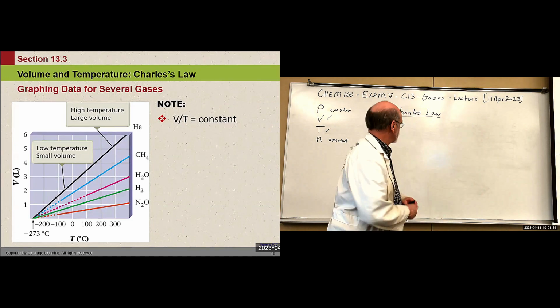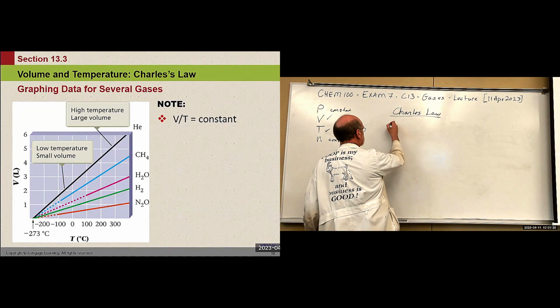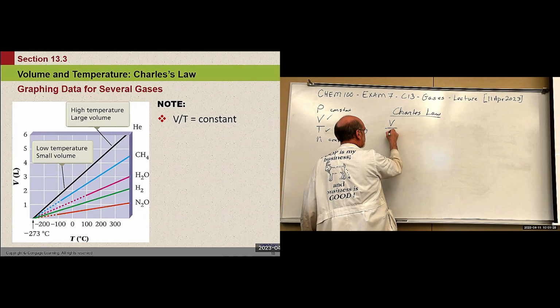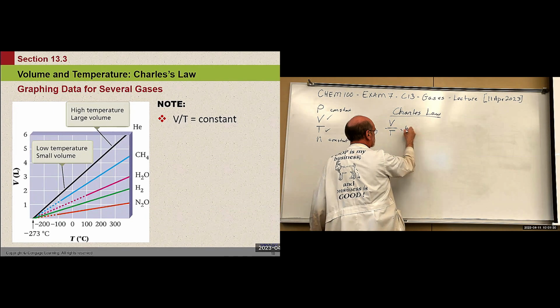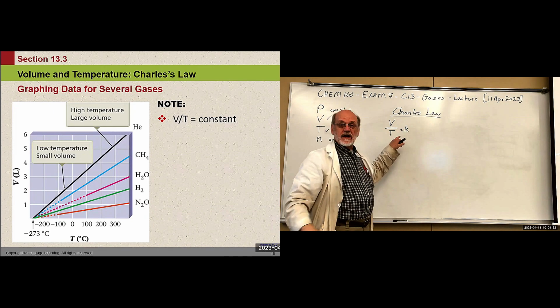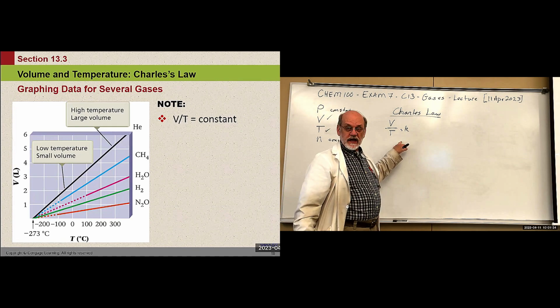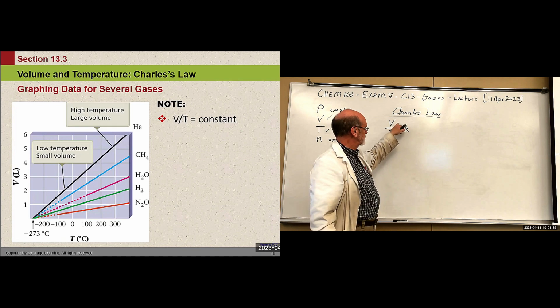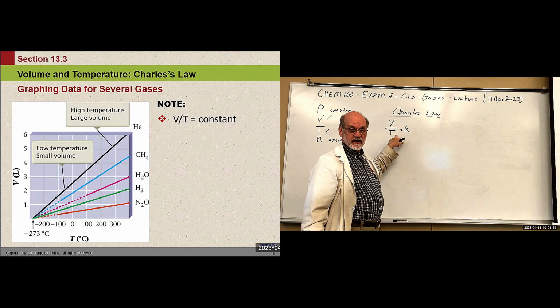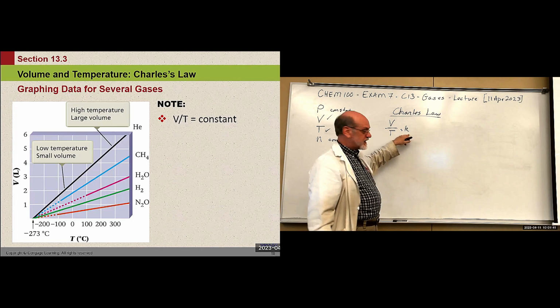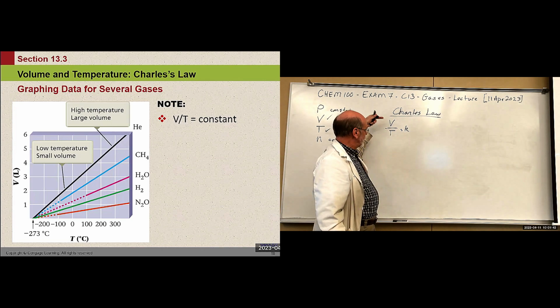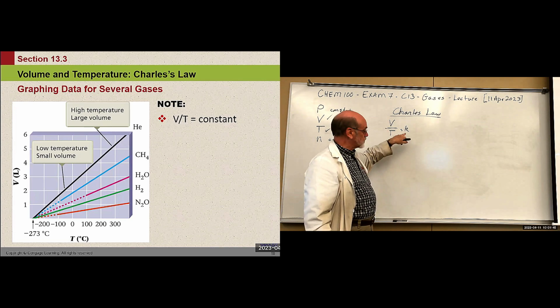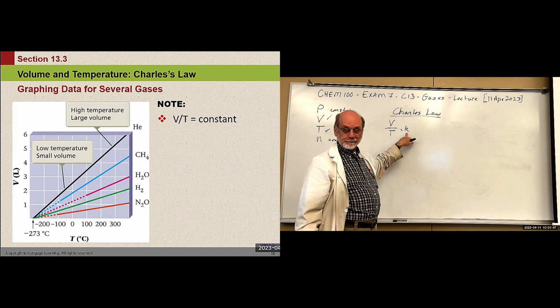Okay, so Charles' law is stated as volume divided by temperature equals a constant. And notice when you have variables that are in a quotient relationship, one divided into the other equal to a constant, then if this one goes up, that one has to go up in order for this one to remain constant.